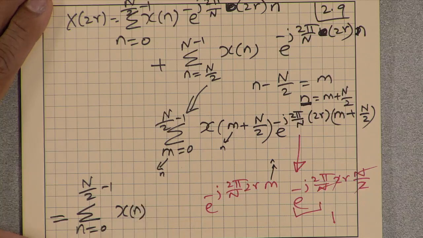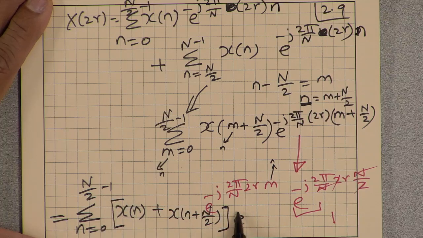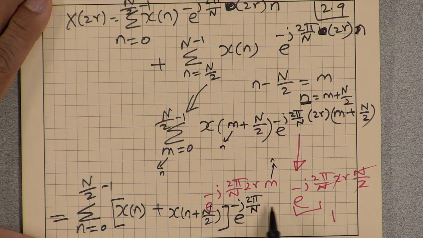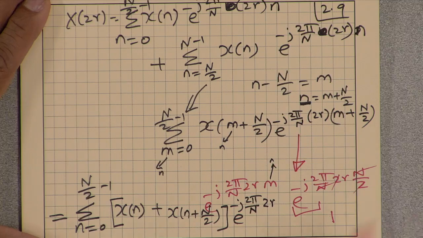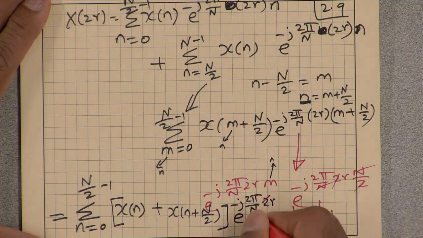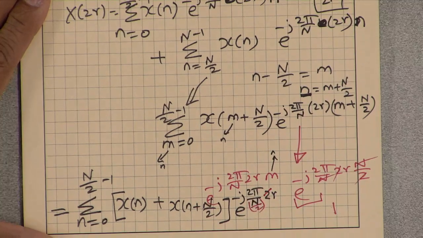x[n] plus x[n plus N by 2], taken outside a bracket, e to the power minus j 2 pi over N to the r. Okay, and then that 2 can be written in the denominator as N by 2.